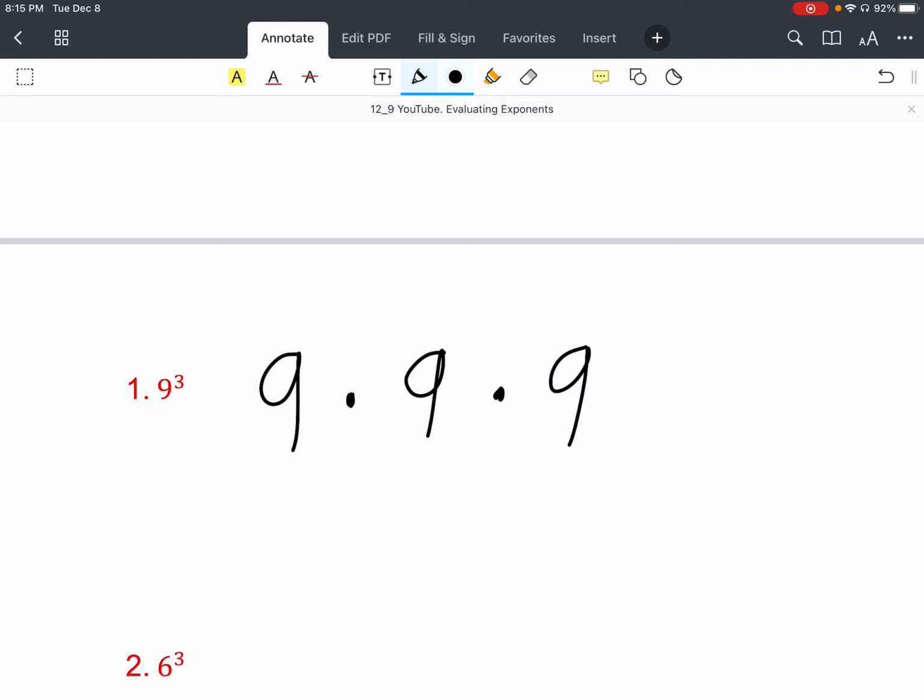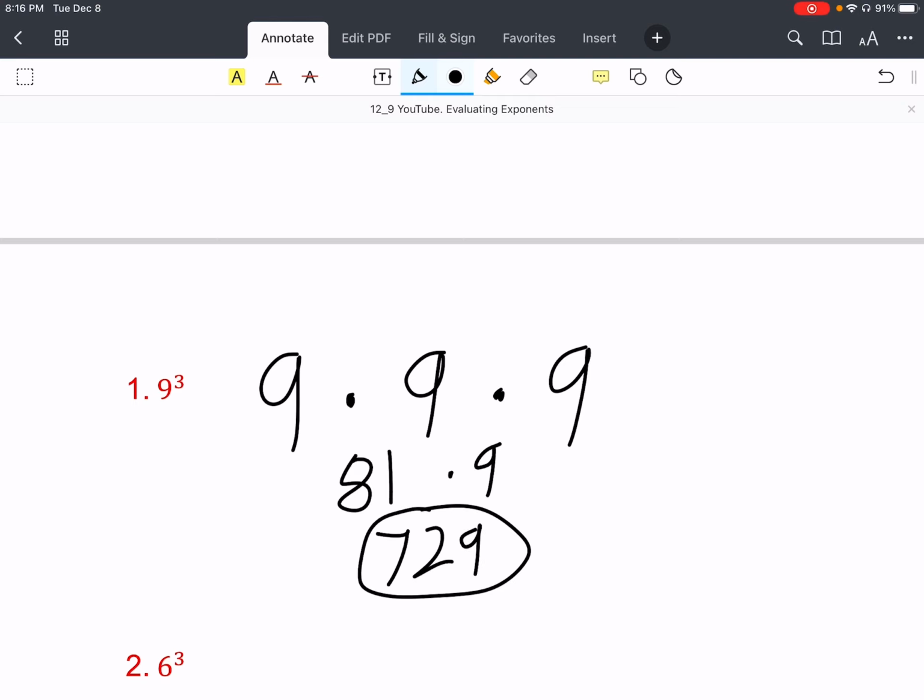The exponent is 3, so we have 3 nines. Look at that. Mr. Norn can count to 3. Then you can solve this. You can multiply 9 times 9, which is 81, and 81 times 9 is 729. I like to break it apart just to use the order of operations, but if you can solve 9 times 9 times 9 in your head, feel free.